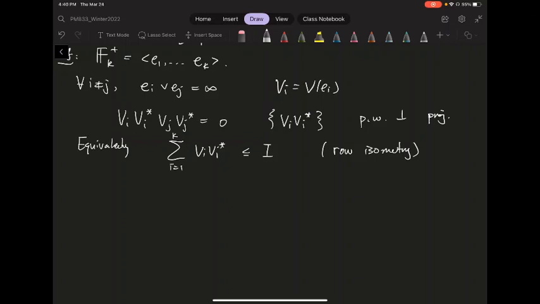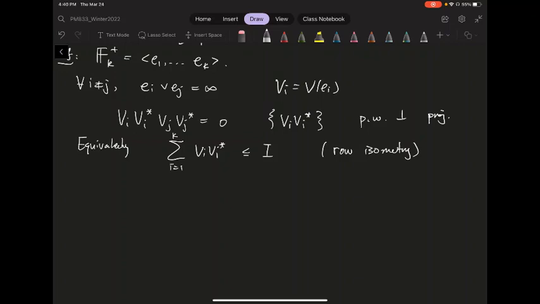If you have taken Pure Math 810, for example, you probably realize some C-star algebra arising from this relation. If I replace this inequality by equality, so the sum of the range projections of k isometries equals the identity, then there's a very well-known C-star algebra, and these C-star algebras are always isomorphic to each other.